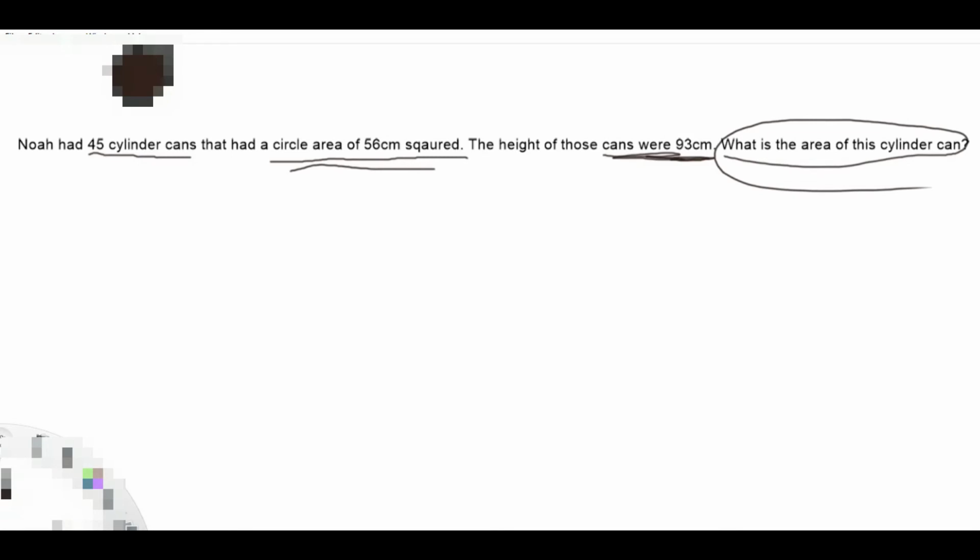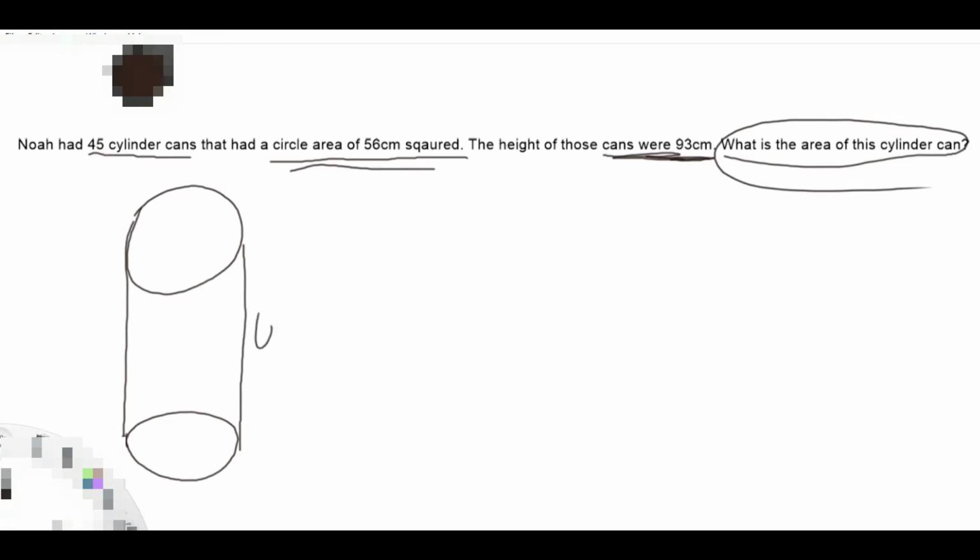First of all, they gave us the circle area of the cylinder. So I'll draw the cylinder. Technically here, and the height here was 93.